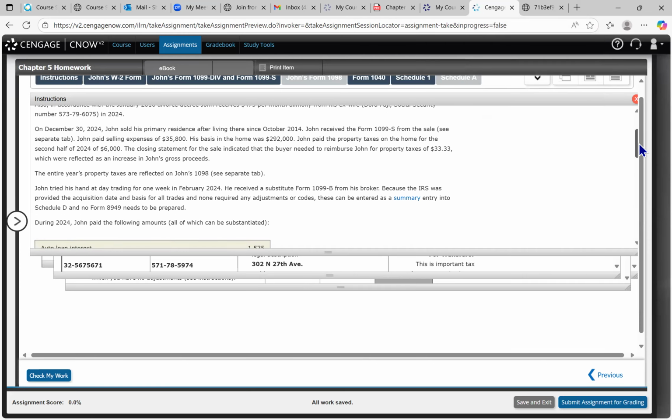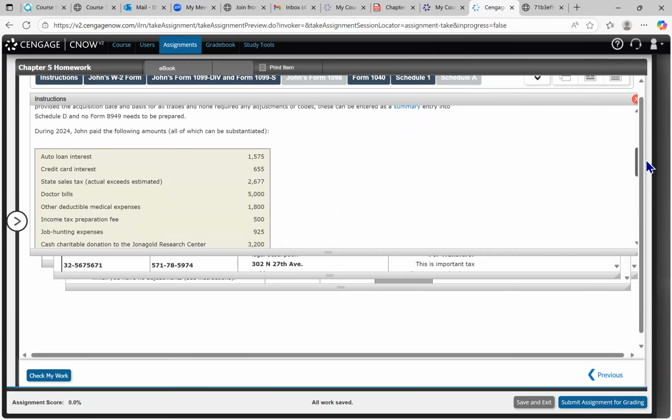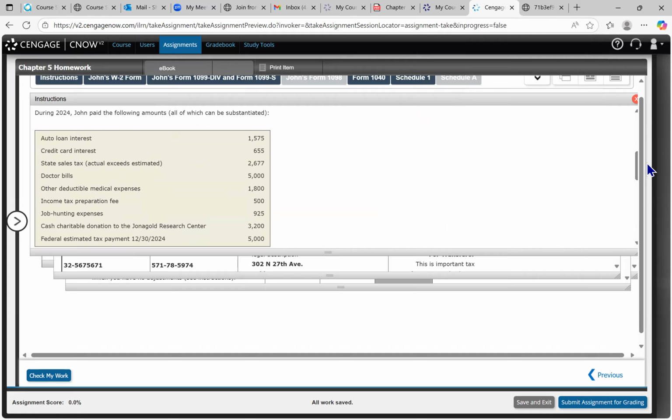We've got some itemized deductions we're going to look at. Now, know that it gives us some information here. The doctor bills and other medical expenses shows $5,000 for doctor's bills and $1,800 for medical expenses. So we can put that on the itemized deductions form, Schedule A, and the Schedule A will show you.